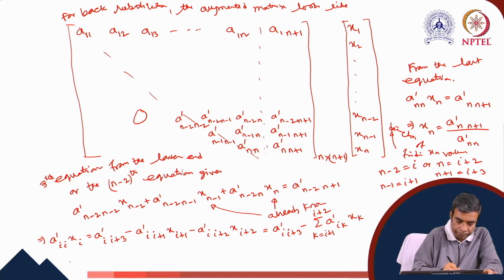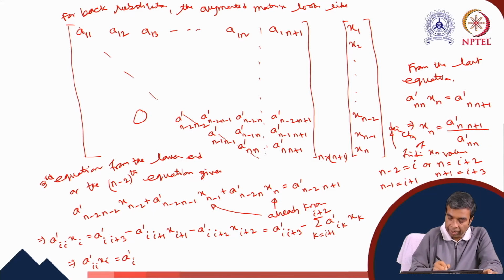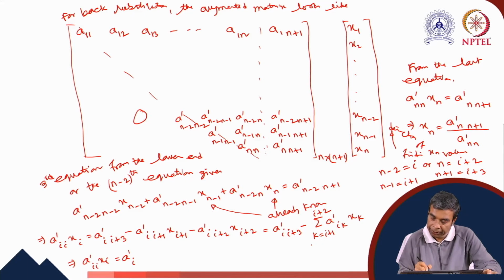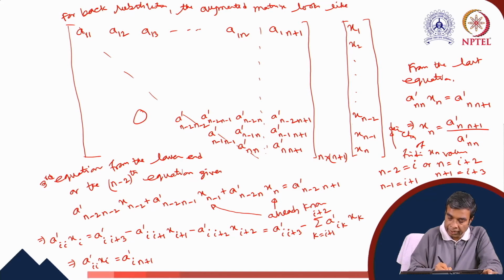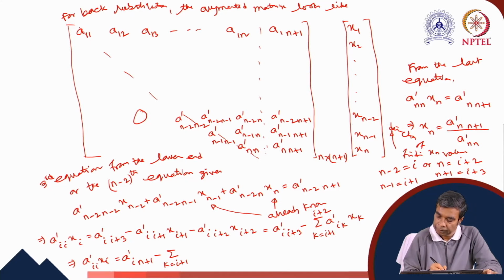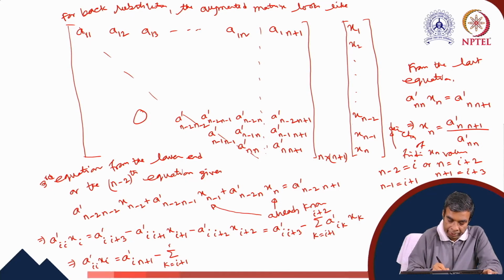So here we have A dash ii xi equals A dash i plus 3, this is n plus 1. So A dash i n plus 1 minus summation of k equals i plus 1 to n, since i plus 2 is n, A dash ik xk.